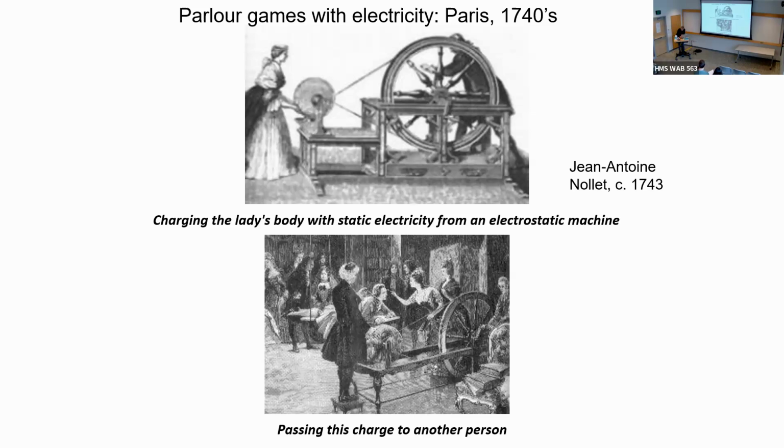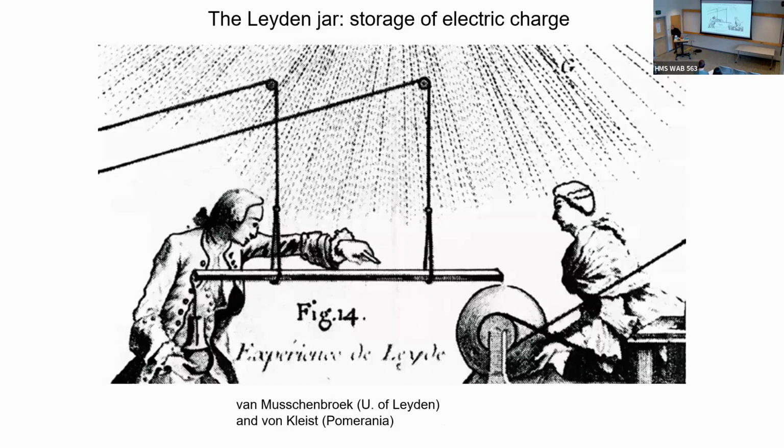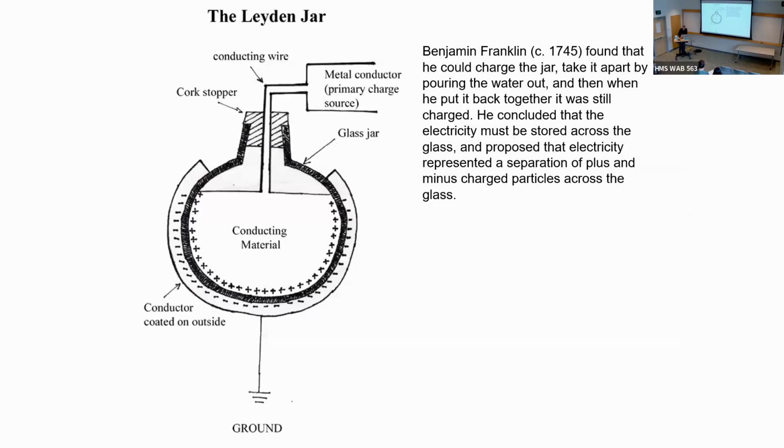And the kind of unscientific understanding of it was greatly advanced by the invention of the Leyden jar, which was a way of storing the electric charge. And so you could charge up these Leyden jars.